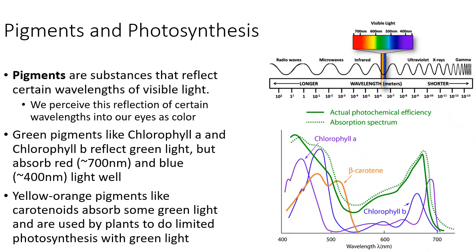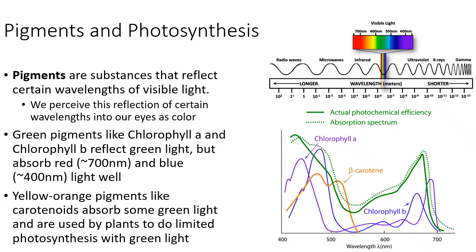So when we look at this graph down below, we can see that at a wavelength of 600 nanometers, the absorption, the actual photochemical efficiency and the absorption of energy from sunlight is very, very low. That's kind of the lowest point in the graph. But chlorophyll does absorb red wavelength in the 700 nanometer range and blue light in the 400 nanometer range super well.